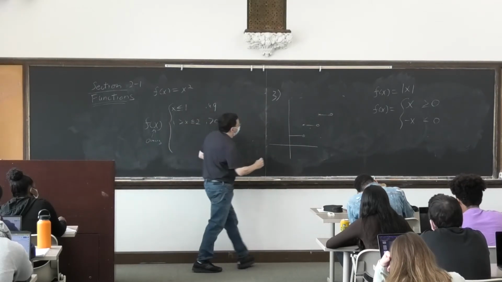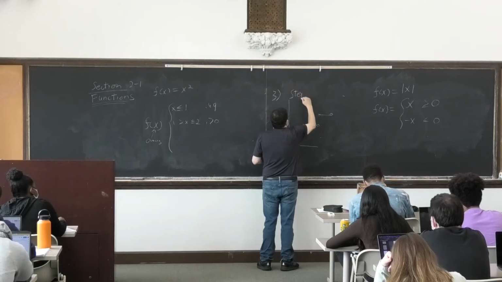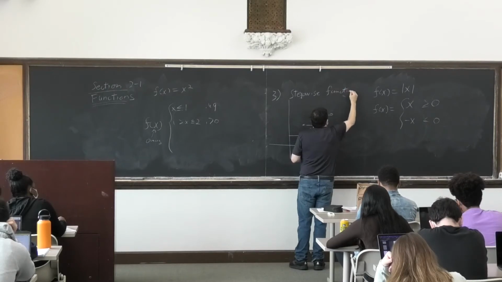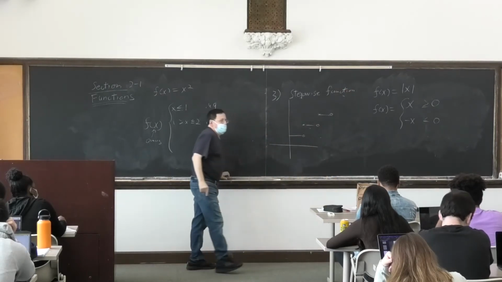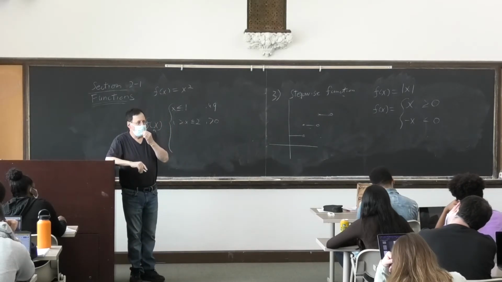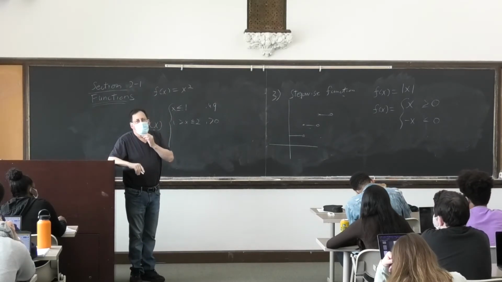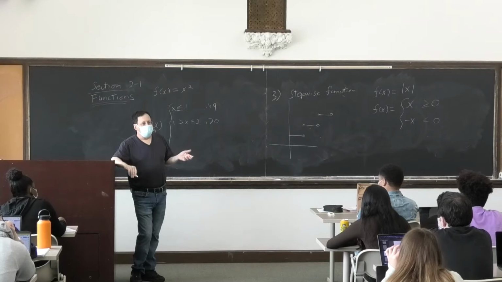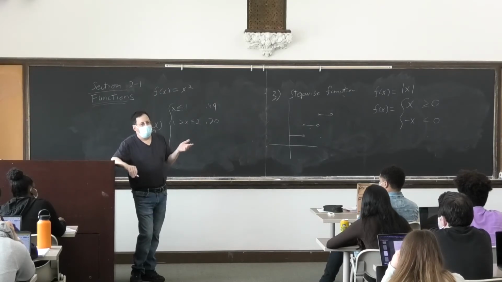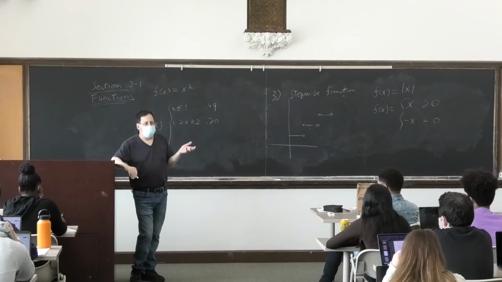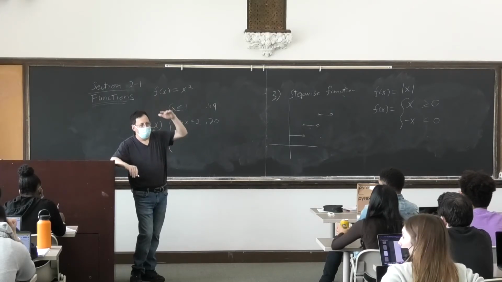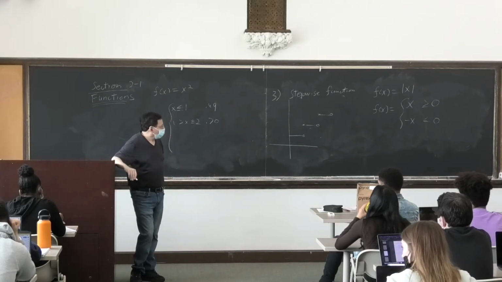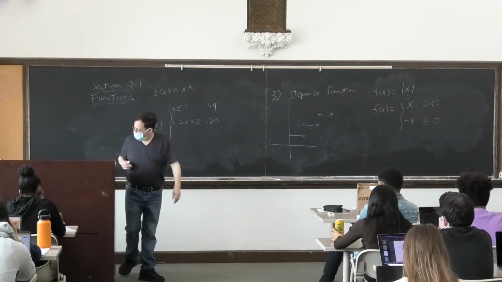We call this a stepwise function. You can think of probably a lot of stepwise functions. If you're still paying for your cell phone by the minute, they'll either start charging you as soon as you start talking, and then it's the same price until you get to 1 minute, and then it goes up at 2 minutes. Or maybe they don't charge anything until you get to 1 minute.